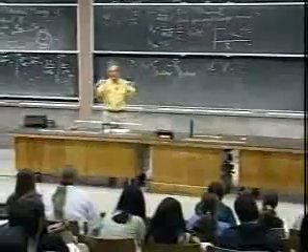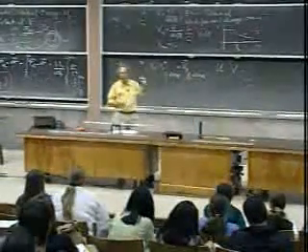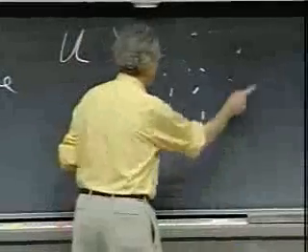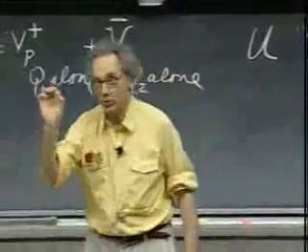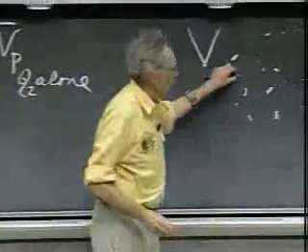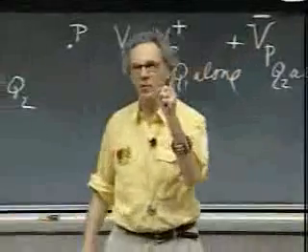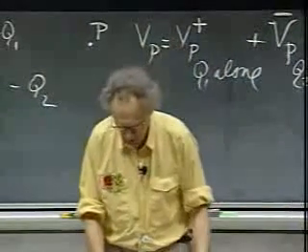It is the work that I have to do to put all these charges exactly where they are. But the electric potential is different here, from there to there. If you're very close to a plus charge, you can be sure that the potential is positive. If you're very close to a negative charge, you can be sure that the potential is negative. But U has only one number. They're both scalars. Don't confuse one with the other.